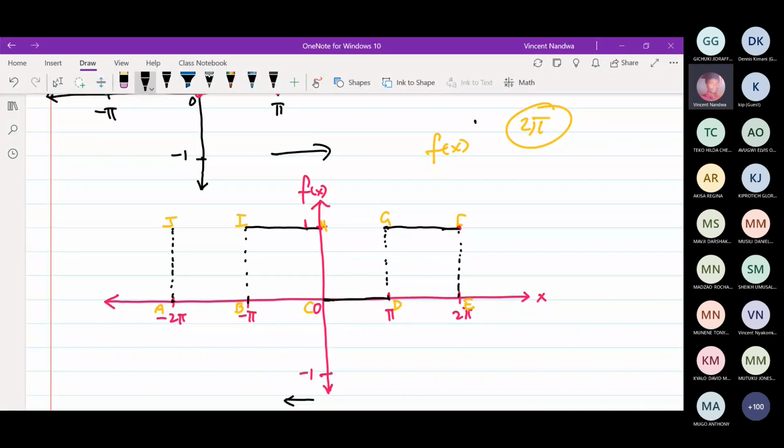At point A, correct. And then point D will be taken to which point? B. So therefore, another arm is at this point. So this is the complete graph for that given part.